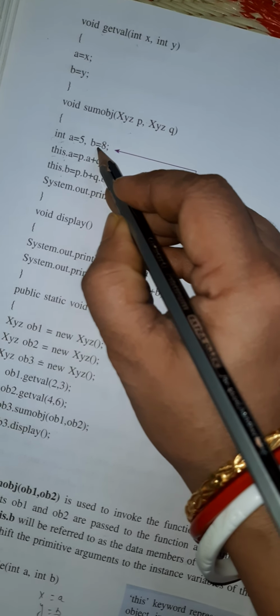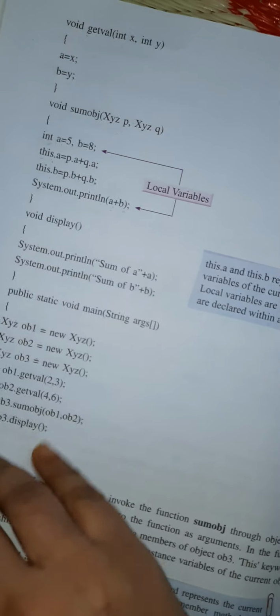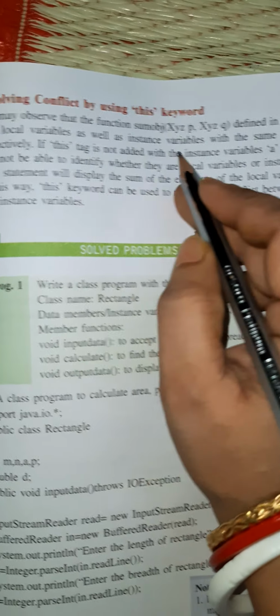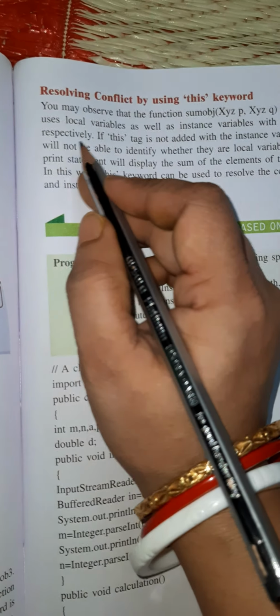So a and b are local variables here, whereas this a and this b are the instance variables which we have declared in this part, with the same name. So both have the same names, a and b respectively.